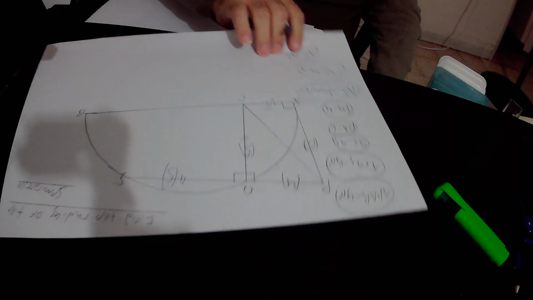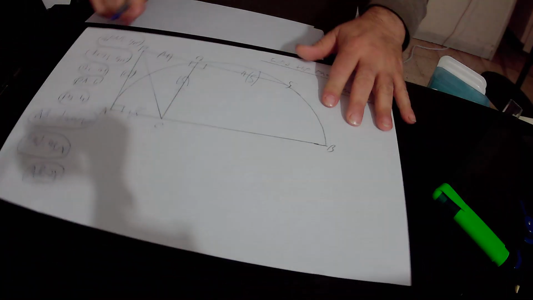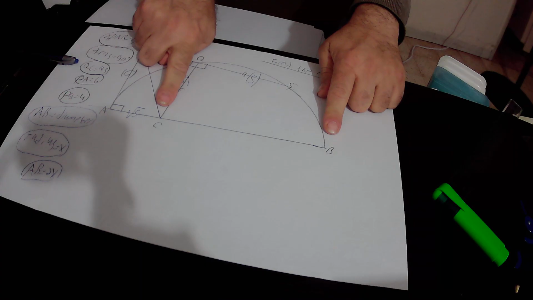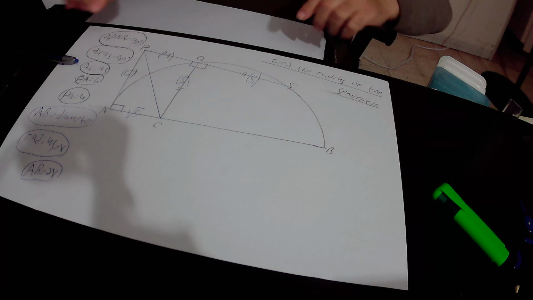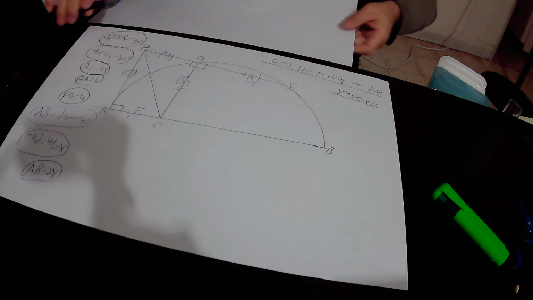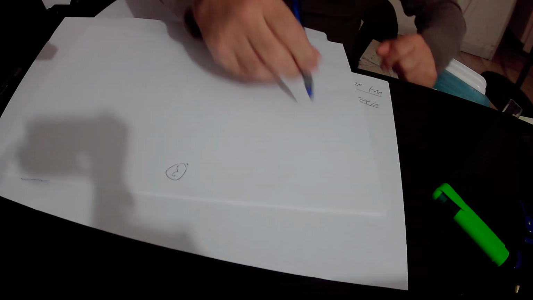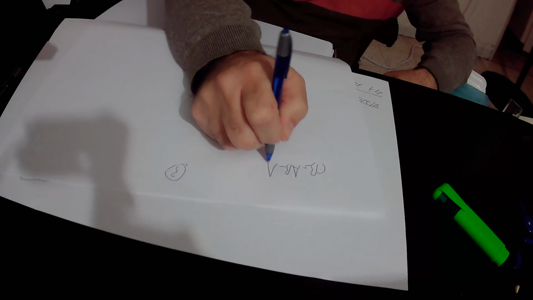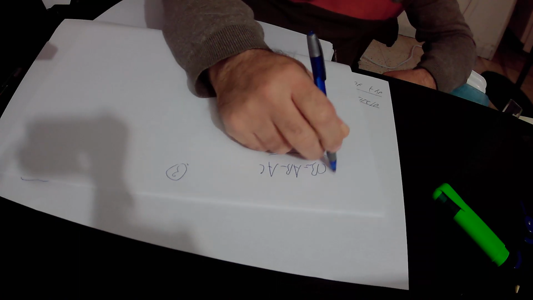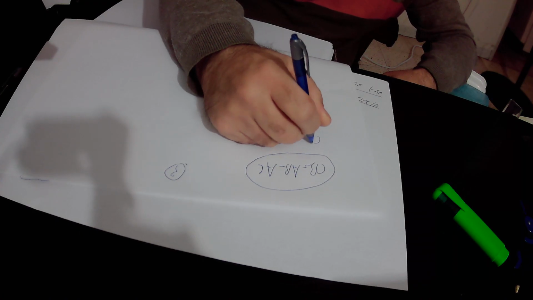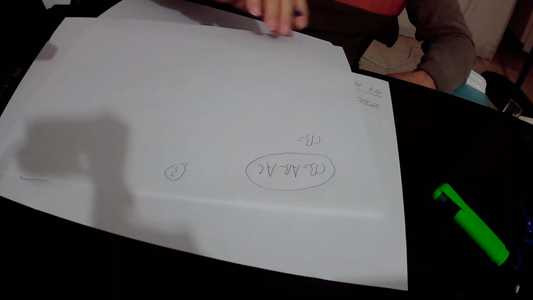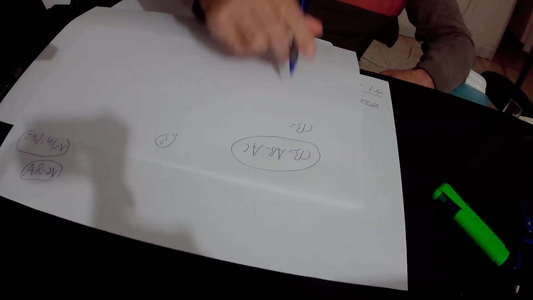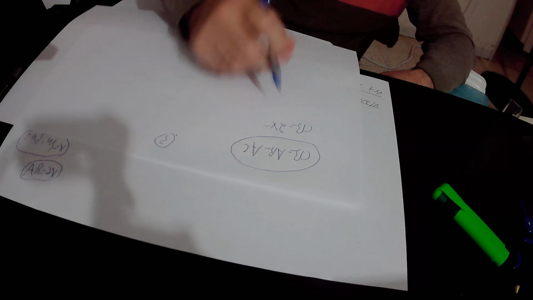So what is the length of line segment CB? From the drawing, it is very easy to see that CB equals AB minus AC. So I write it down: CB equals AB minus AC. So CB equals 2x minus AC.